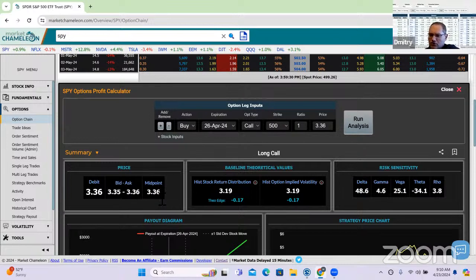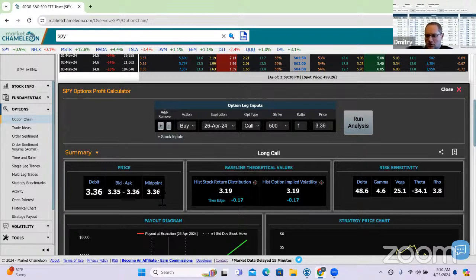so here we created two theoretical values for you to start out with. So this is a baseline, right? One is, well, what do we think this option is worth based on how historically the stock behaved? Right? If we took the return distributions of the stock and ran them through a model, what do we think it's worth?